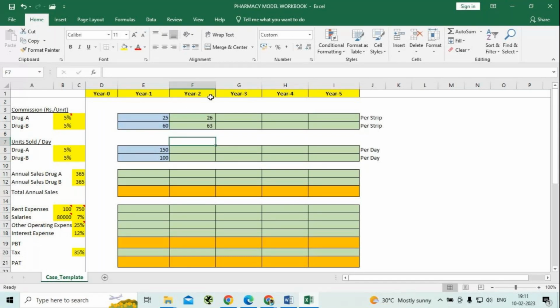And the sales volume has also increased, so equals to previous year value multiplied with open the bracket, 1 plus 5%, the percentage of increase, then equals to previous year multiplied by open the bracket 1 plus 5%, and accept this.